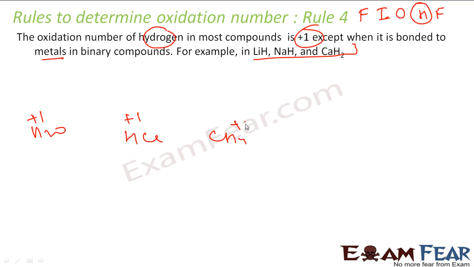CH4 +1. HF +1. H2SO4 is also +1. But when it is bonded to a metal in metal hydrides, for example LiH, NaH, CaH2, here it is different. Here it is -1.